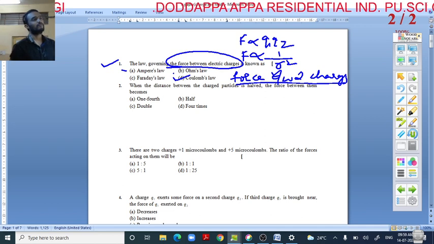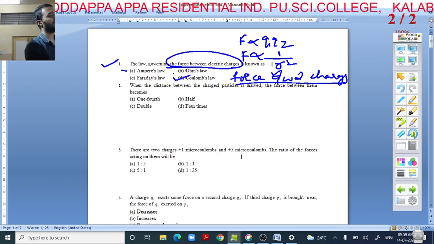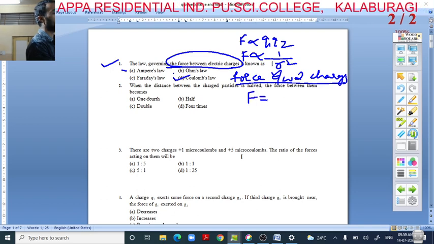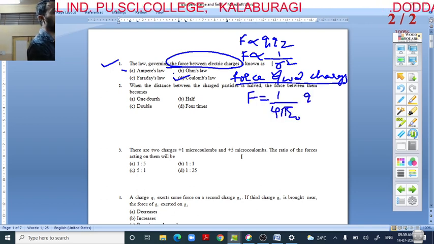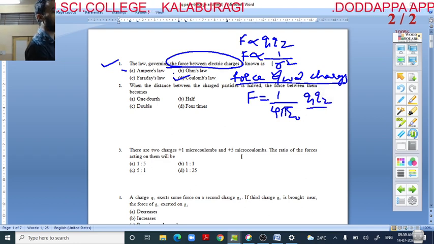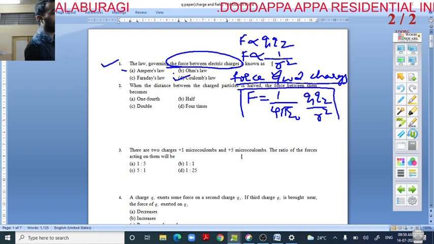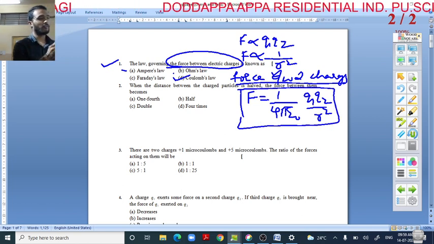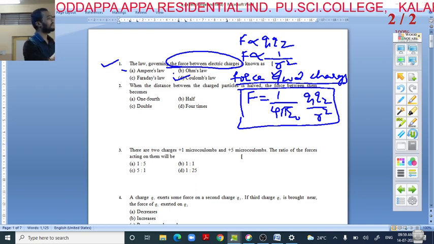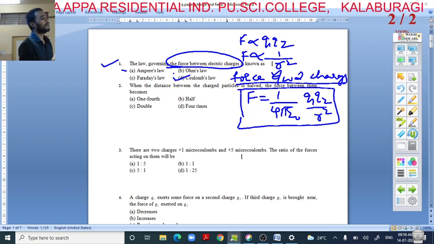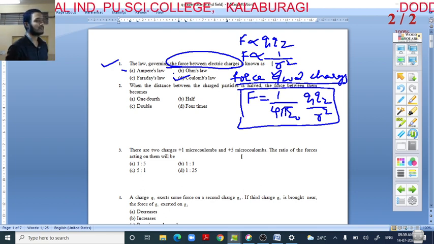So the formula is F is equal to 1 by 4 pi epsilon naught Q1 Q2 divided by R square. I have reminded you of this because we will use this formula in the next questions. Anyhow, the first question's answer is the fourth option. Now, next question.